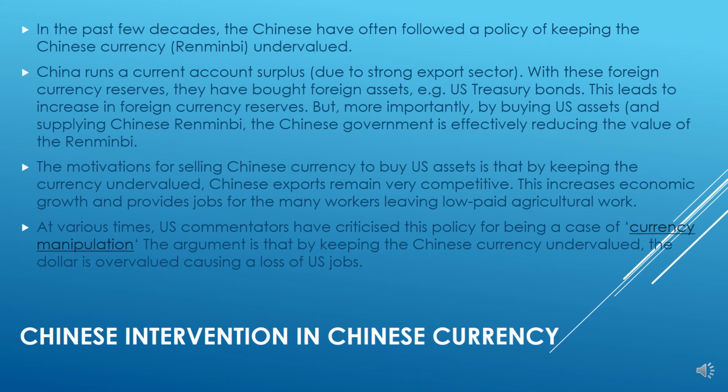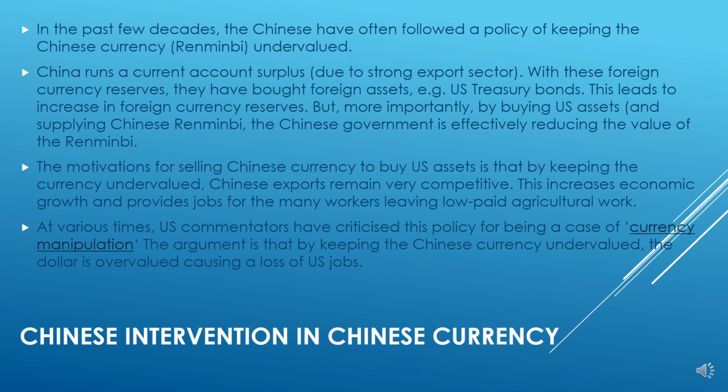The motivation for selling Chinese currency to buy US assets is that by keeping the currency undervalued, Chinese exports remain very competitive. This increases economic growth and provides jobs for many workers leaving low paid agricultural work. At various times, US commentators have criticized this policy as a case of currency manipulation.